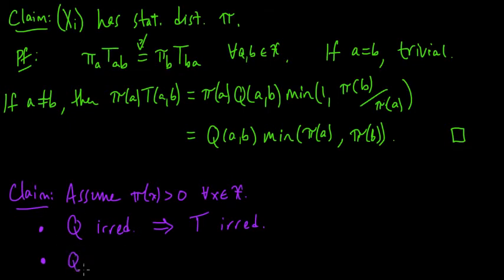And also, if Q is aperiodic, same thing, a Markov chain with transition matrix Q is aperiodic, then T is also aperiodic.